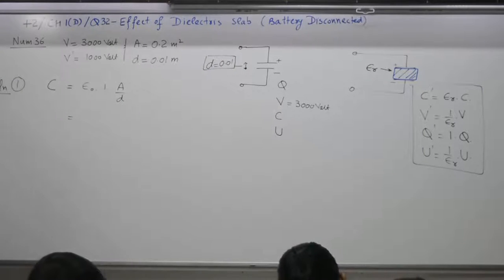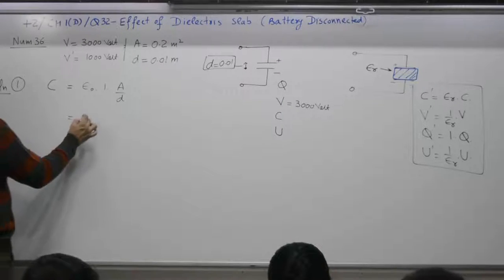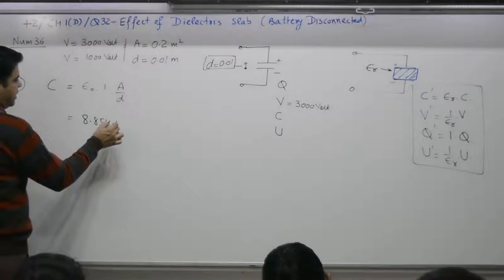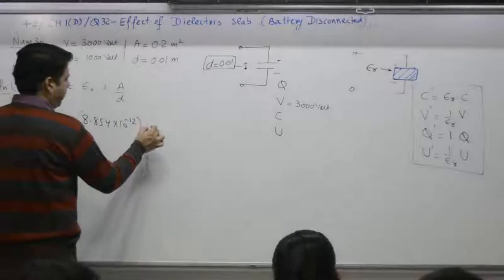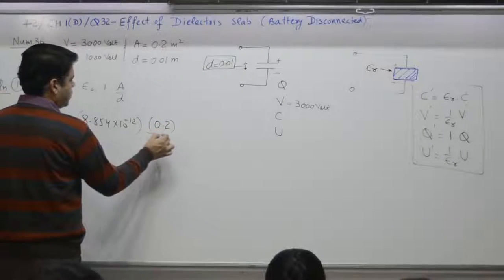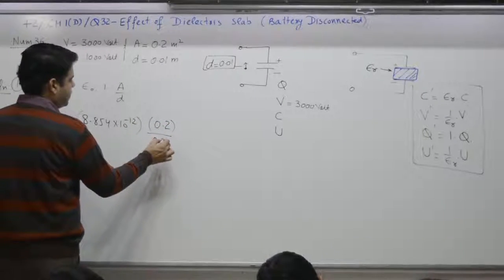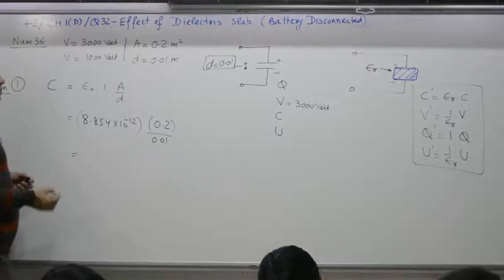What is the value of epsilon naught? 8.854 into 10 raised to power minus 12. Area 0.2, distance between the plates 0.01. Calculate the capacitance.